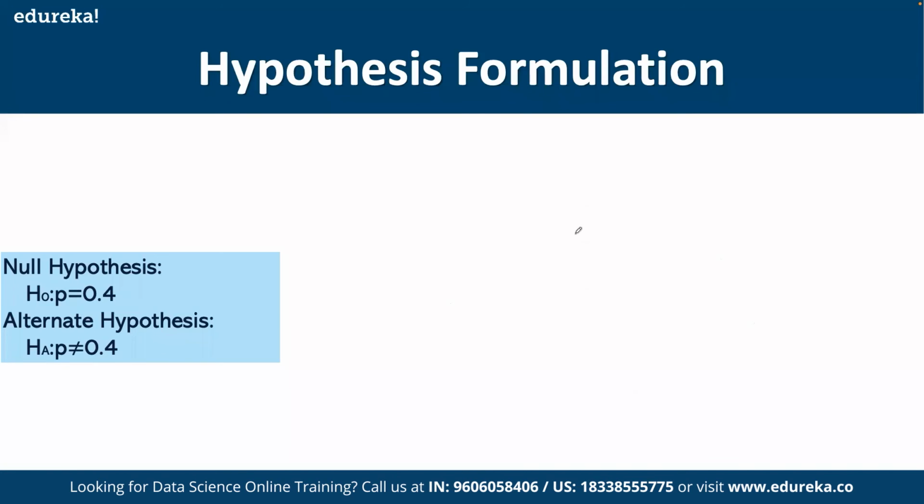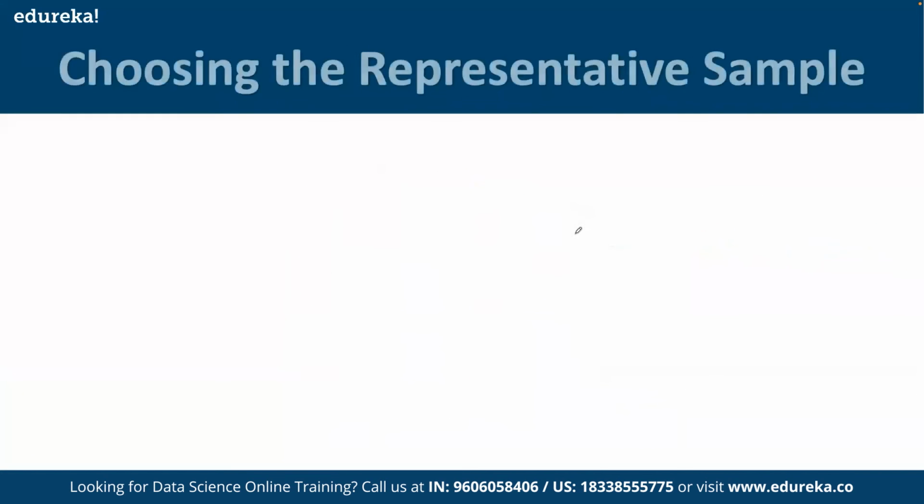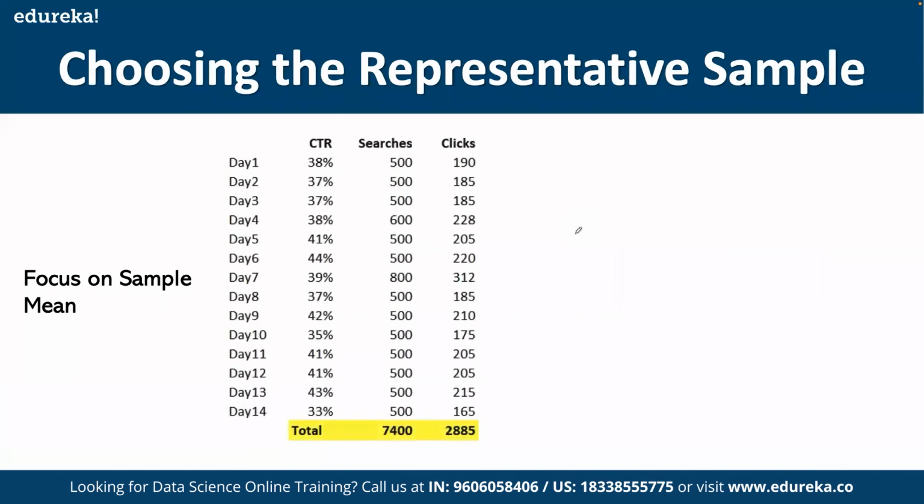So first step is defining the null and the alternate hypothesis. So you're going to collect the data. Let's say you have got the data of CTR from the given data set, and you've got the information about searches and the clicks. Once you have got the population, you're going to collect a sample and you will focus on the sample mean.